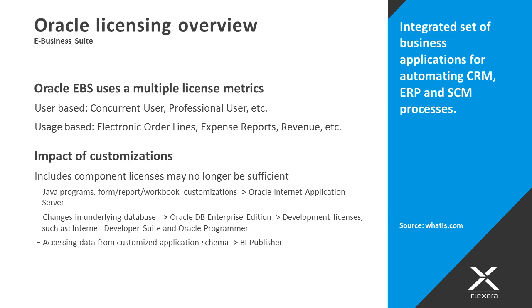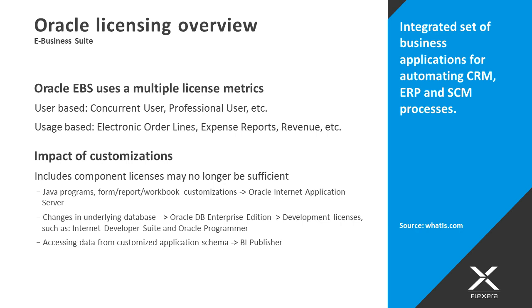So a number of different components are packaged. And basically what the Oracle license says is that if you make any modifications, the included components may no longer be sufficient from a licensing perspective. So let me give you a couple examples.